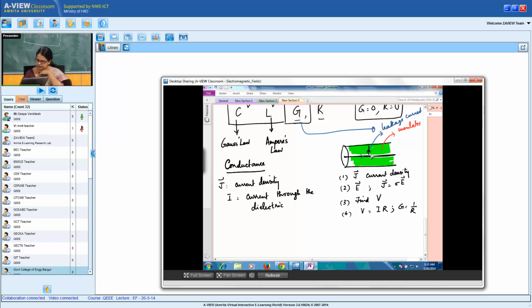And I have already given a direction for this current. So what should be the current density? It should be the current per area in the direction AR.